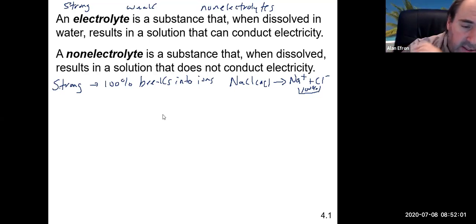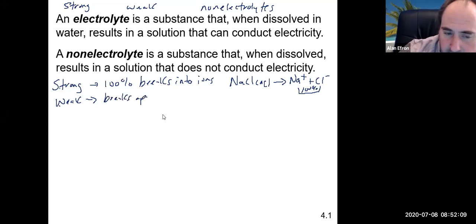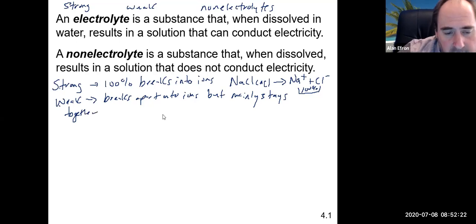Now, a weak electrolyte, as we will see, also breaks apart into ions, but it mainly stays together. For example, if you take HF, which is a weak acid, it will break apart into H+ and F-.